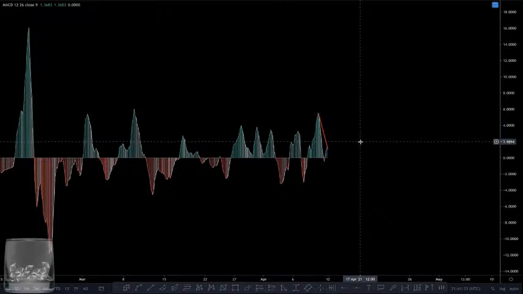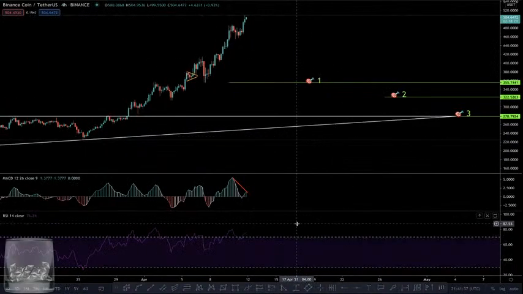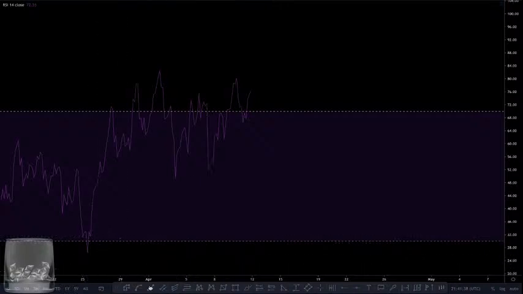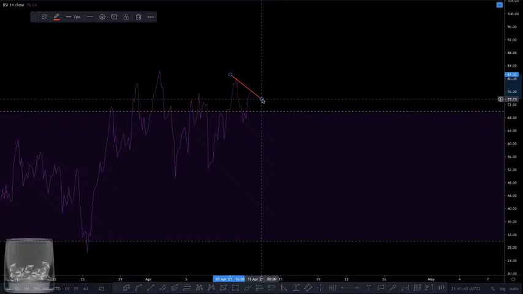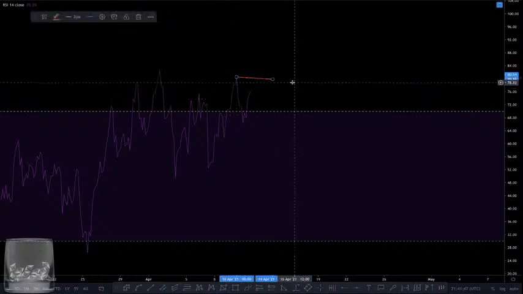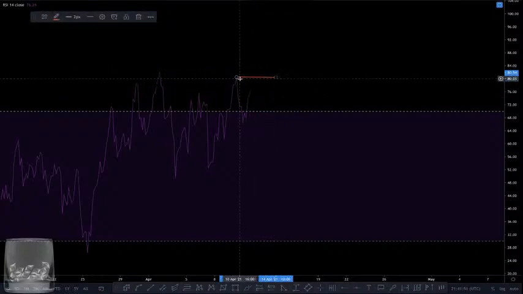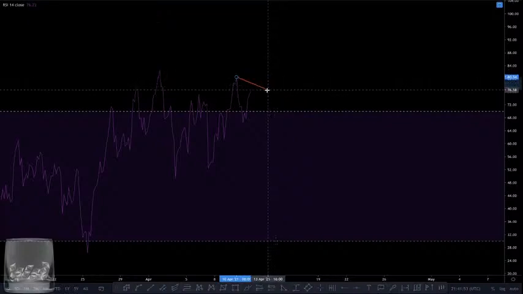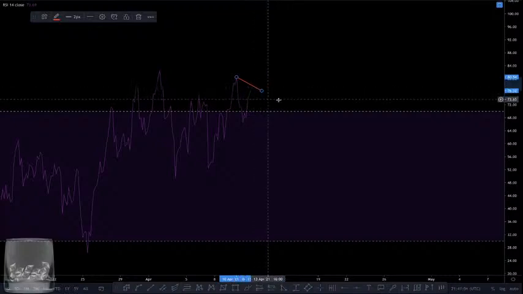So you got lower levels of positive momentum painting on the MACD. RSI is looking not the best. If the bulls want to continue, they need to break this RSI here, okay? They need to push the level up and through and make a higher high on the relative strength. If they fail to make a higher high on relative strength and this hangs out here and pivots, that's it.